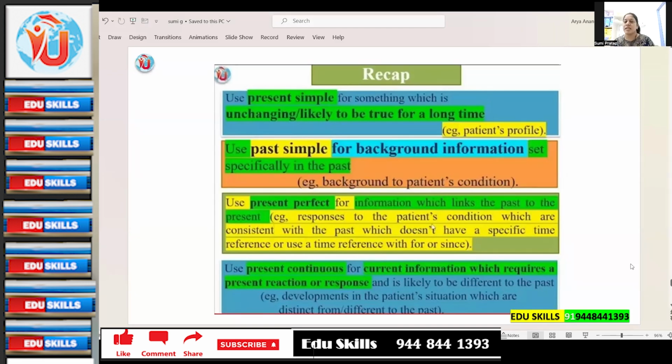We write present perfect for information which links the past to the present: responses to the patient's condition which are consistent with the past, which don't have a specific time reference, or use a time reference with for or since. Present continuous is for current information which requires a present reaction or response. This was already clearly explained previously. So this is a recap of where to use and how to use. I hope it's clear. Thank you.